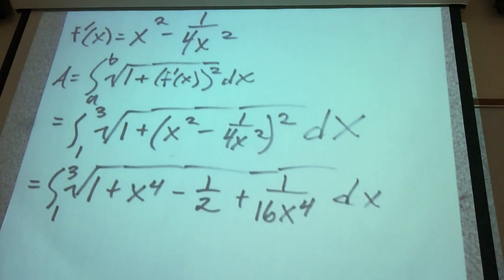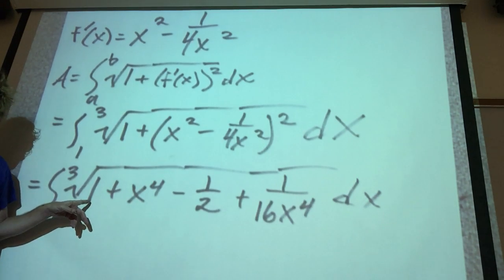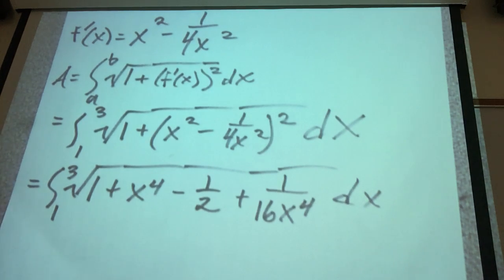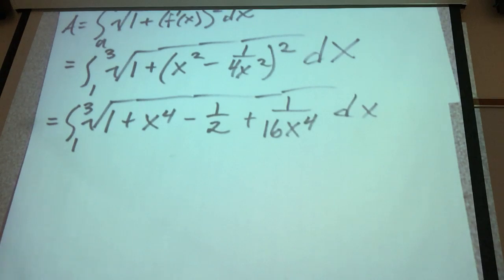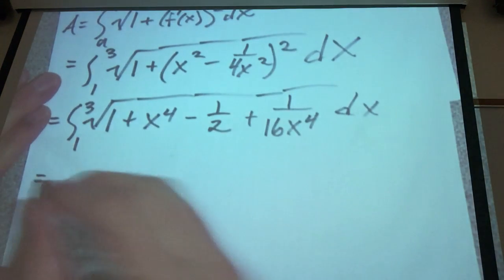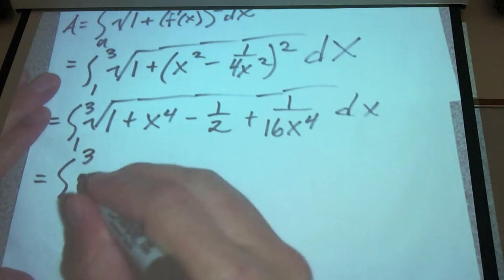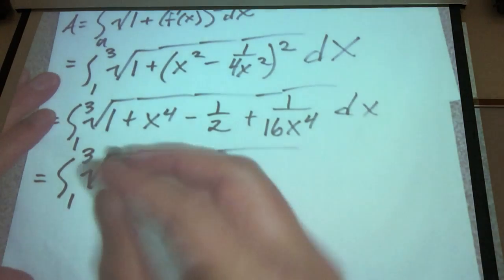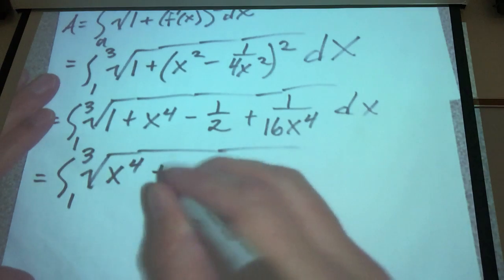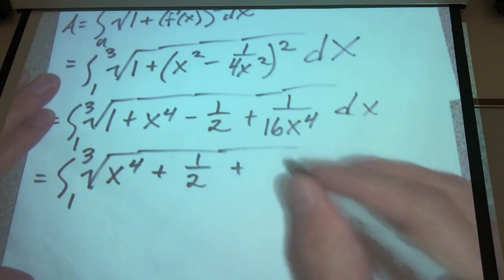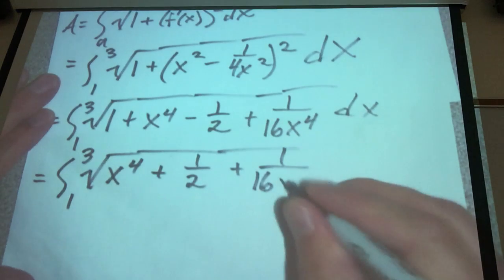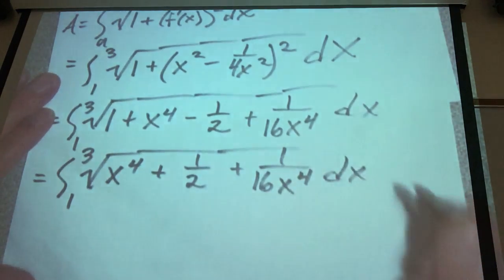Okay? So on a lot of these problems, you will get that negative 1/2. And why do we want that negative 1/2? Because we can combine it with the 1 and turn that into a positive 1/2. Alright? And so that's going to be the integral from 1 to 3 of the square root of x to the 4th plus 1 divided by 2 plus 1 divided by 16 x to the 4th, an integral with respect to x.